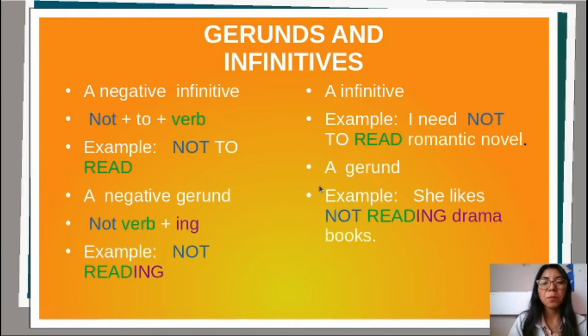Okay? We are going to continue with examples in sentences. I need not to read romantic novels. Or she likes not reading drama books. Remember, here I am using the letter S because this sentence is in present simple.